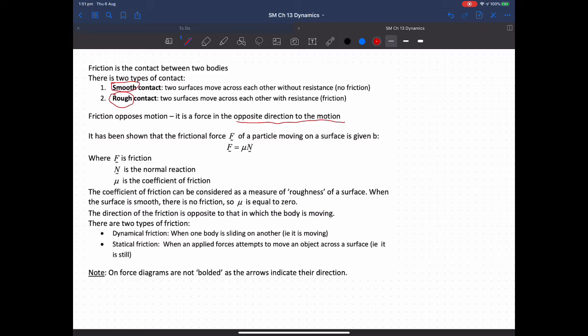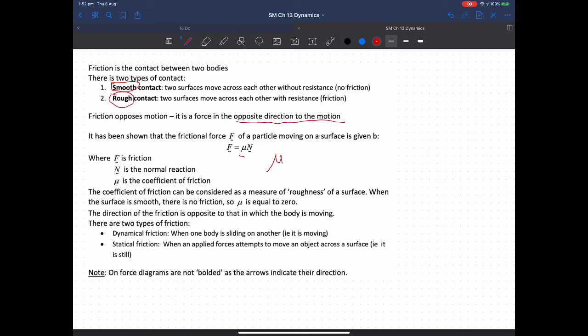Sometimes in physics you'll see that with an F with a little r, equals the coefficient of friction, which is mu, times the normal reaction. So friction is equal to the coefficient of friction times the normal reaction.